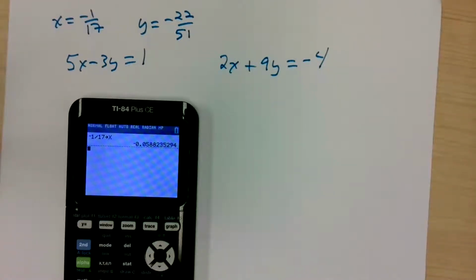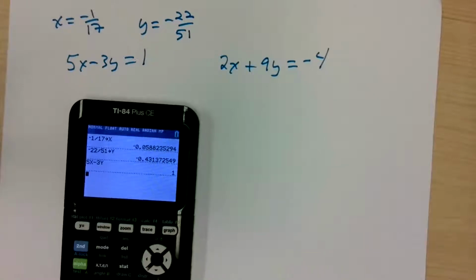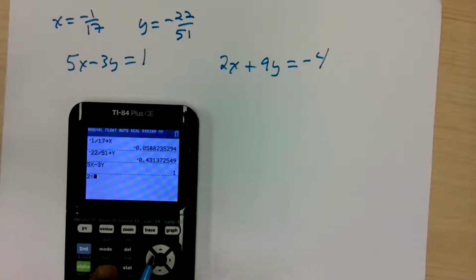And then I'm going to take negative 22/51 and store it in alpha y. And I'm going to type in my equations, 5x minus 3y. And I hope I get 1, and I did. But I'm going to type in 2x plus 9y. And I hope I'm going to get negative 4. And I do.